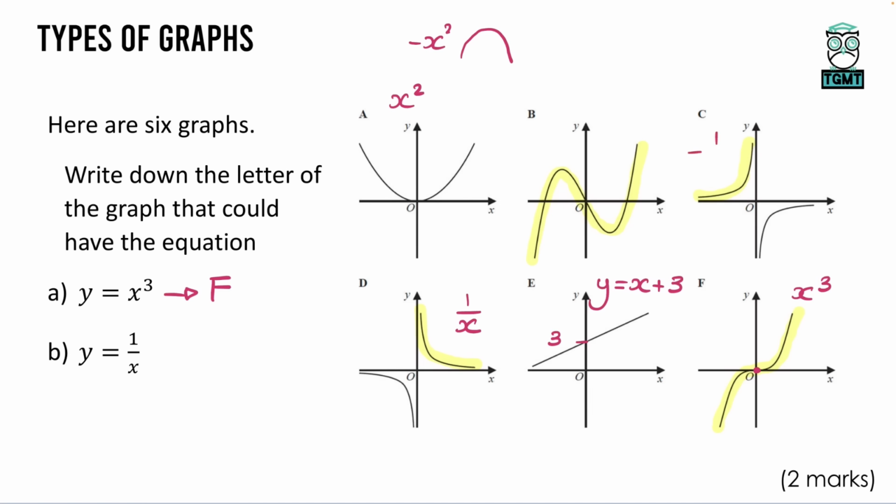So this is where we have a negative 1 over x, or something along those lines. So this graph here is graph D. Now, as well as those 6 graphs, you also need to have a recognition for the trigonometric graphs too. But this one here is just looking at your standard quadratic, cubic, reciprocal, and of course, straight line graphs.